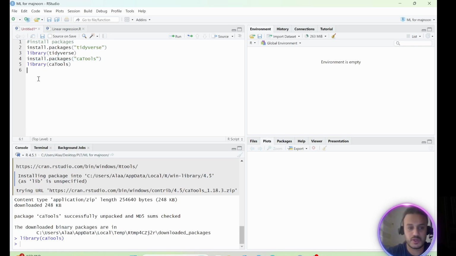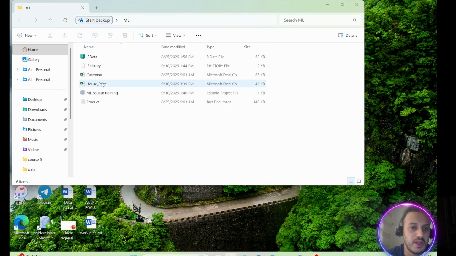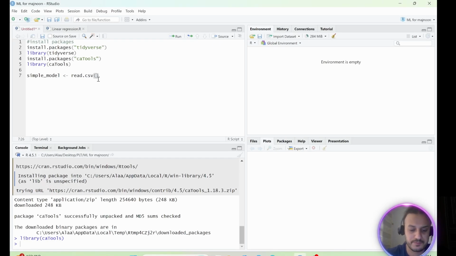I'm going to name my data symbol_model. I'm going to use read.csv. My CSV file is called machine learning house price, so I'm going to give it the path from here. I have to give it first a quotation mark, with C, and then I have to change the slashes to backslashes.